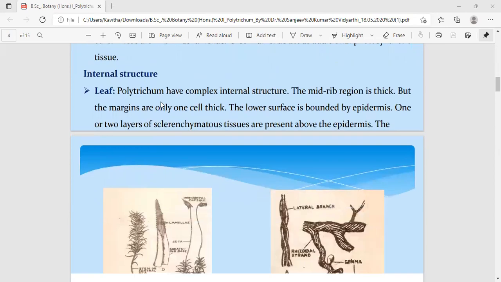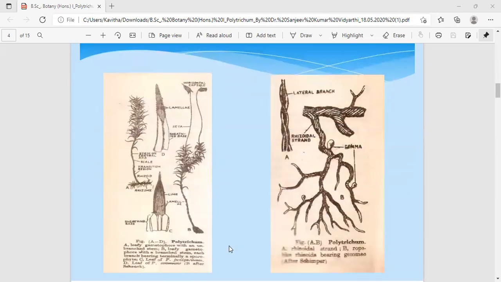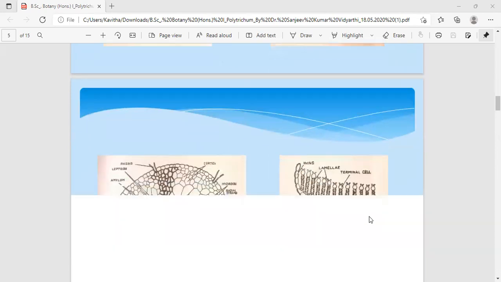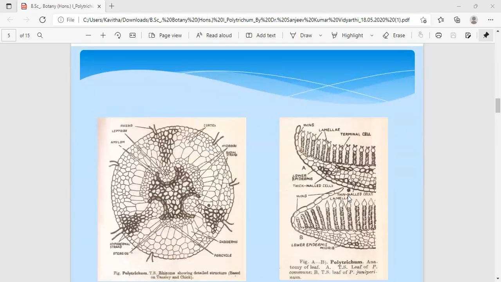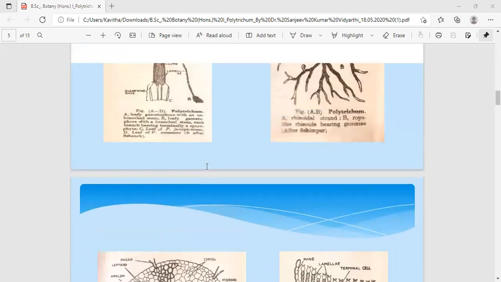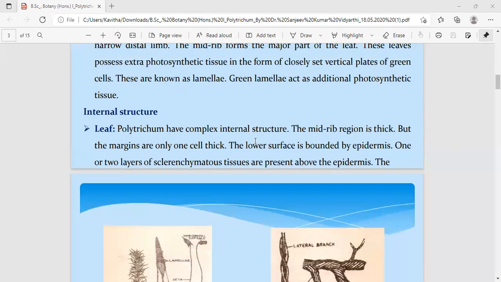Now next we are going for the internal structure of the leaf, or TS of the leaf. So when I observe the TS of the leaf here, it is going to have a complex internal structure. In Anthoceros and Marchantia, we have not come across any structure like this.